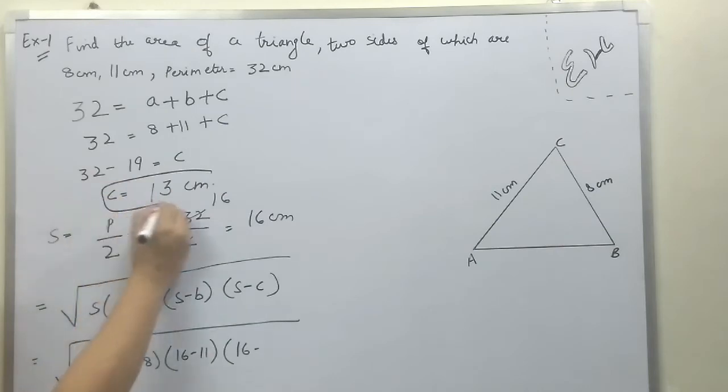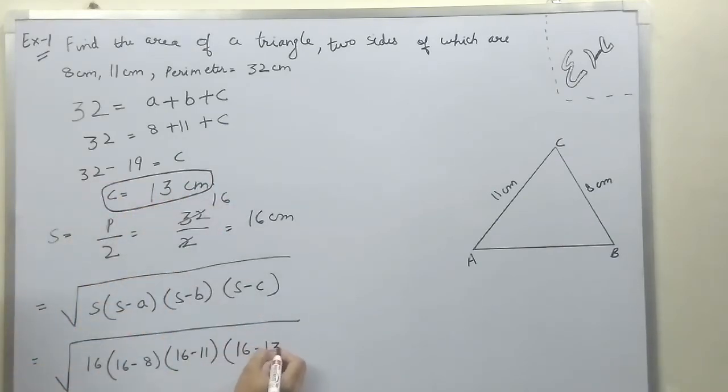which we calculated as 13 centimeter. That is square root of 16 into 16 minus 8 is 8, 16 minus 11 is 5 and 16 minus 13 is 3.